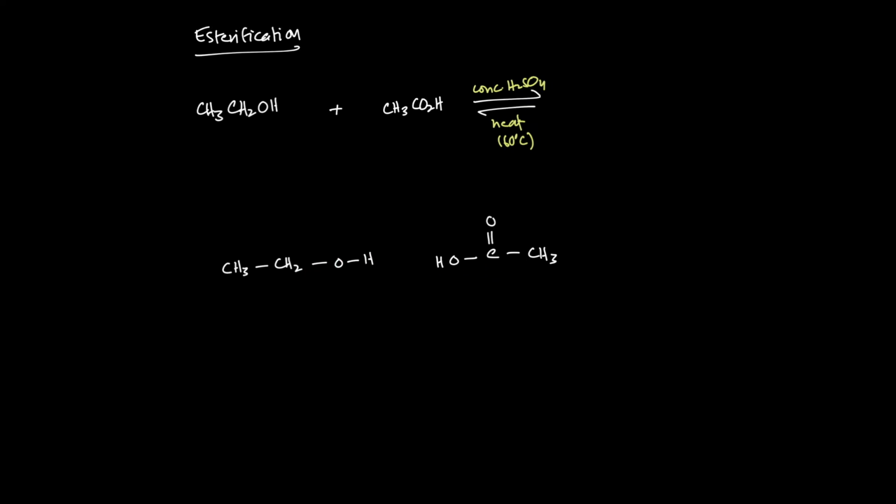Now, what happens in this reaction is, you don't have to draw this, but what happens in this reaction is this, that जो अल्कोहल का जो ऑक्सीजन होता है ना, वो जाके कहाँ अटैक करते हैं? एसिड के कार्बन को.